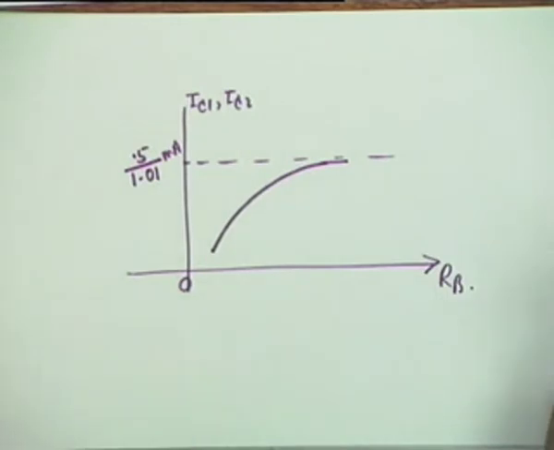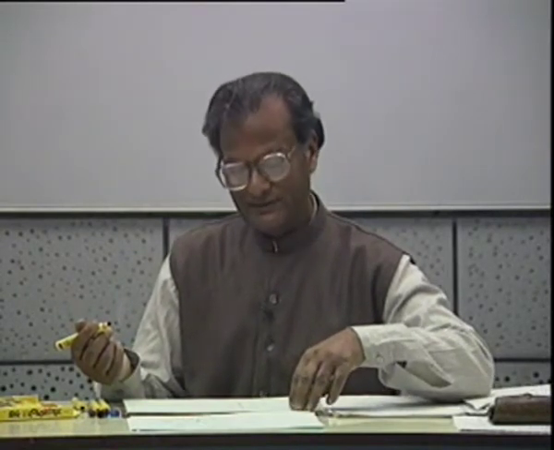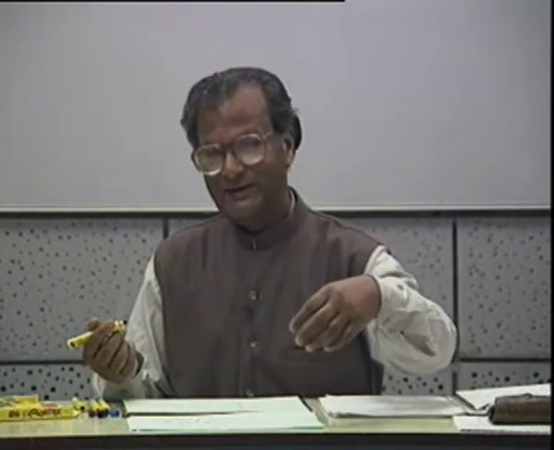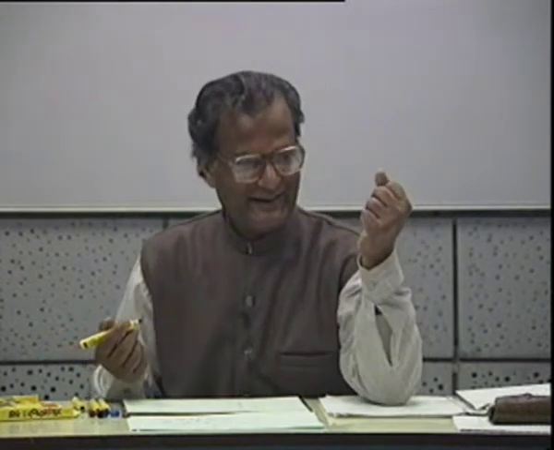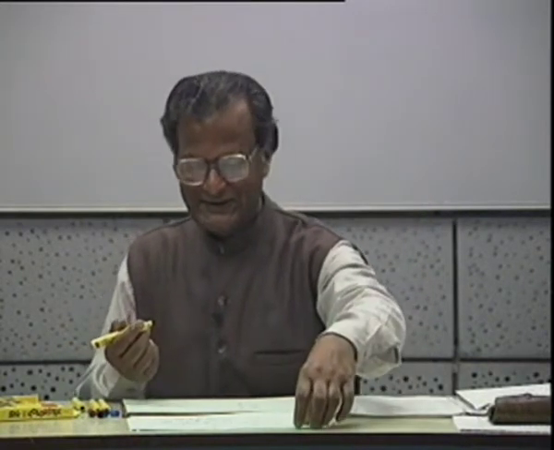Excuse me, sir. Yes. If we take RB equal to 0, sir, it's a short circuit, so the current is 0, sir. It is not being said that the transistor should be in the active region, sir. Then all this calculation will vanish.